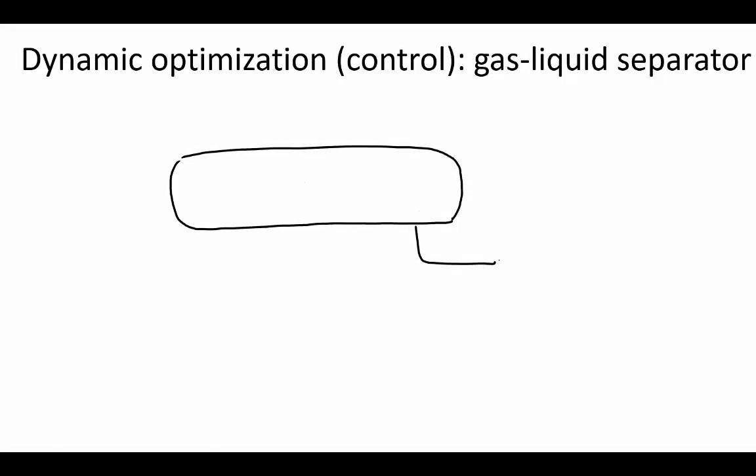Just as an example, if you have a horizontal gas-liquid gravity separator, at the outlet of the liquid we might have a control valve. There are different control schemes.